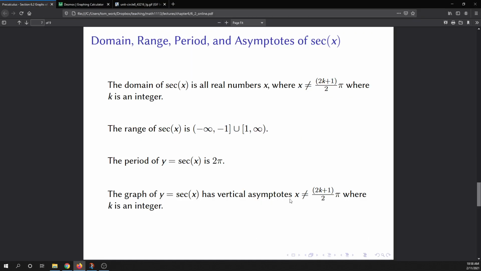And likewise, the vertical asymptotes are exactly at the points that are not in the domain. At every place where the cosine crosses the x-axis, you're going to have a vertical asymptote. And this is a typo here, this one should be equals, not not equals, right?